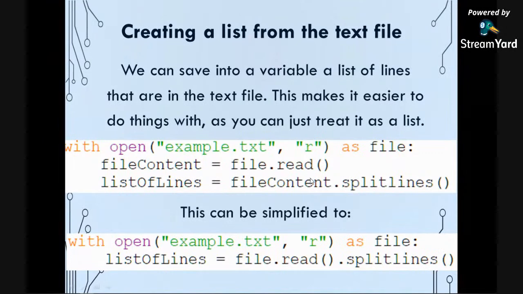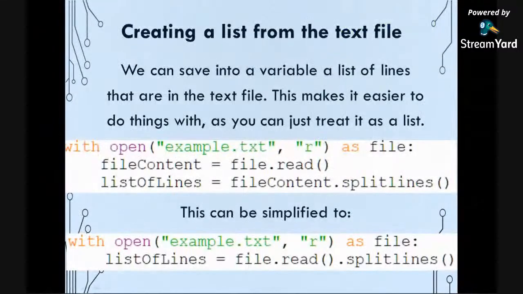Now obviously this could just be simplified to file.read.splitlines. As long as you've got all the brackets in the right place, that will do exactly the same thing as this one here. Okay, and you can then do exactly the same things that you've done with all of the lists that we've been working on the last few weeks, to be able to work with them and read from them and do things with them. Okay.